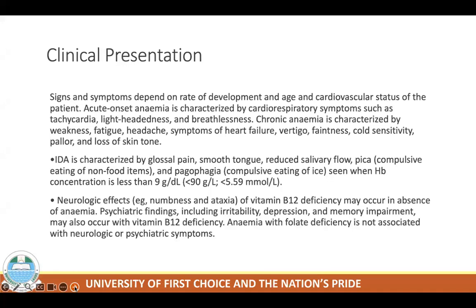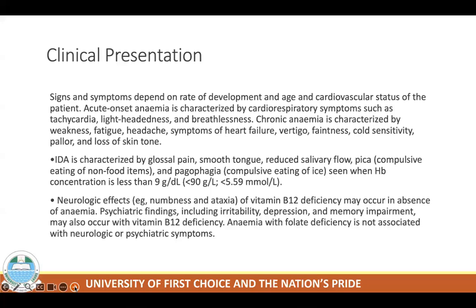Now, when chronic anemia remains for a long period of time without intervention, there are neurological effects, right? And the neurological effects are numbness, ataxia, right? When it is B12, usually numbness under the feet, in the hands as well.